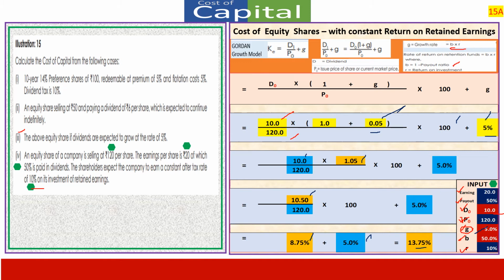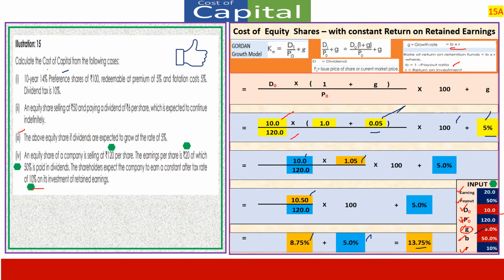That way we have covered the 4 options given, one pertaining to preference shares, then all the other 3 referring to equity shares as such.